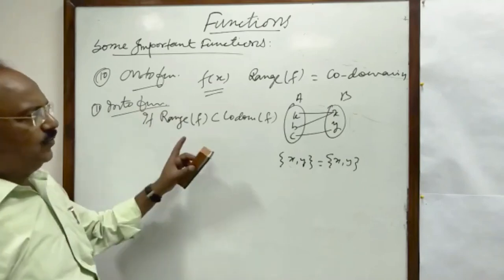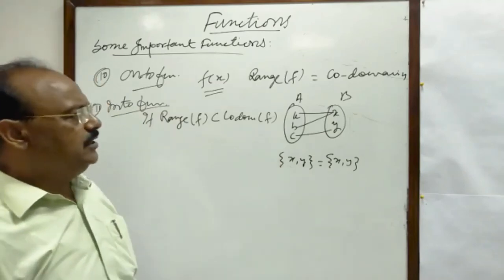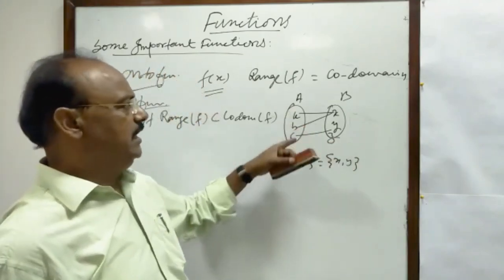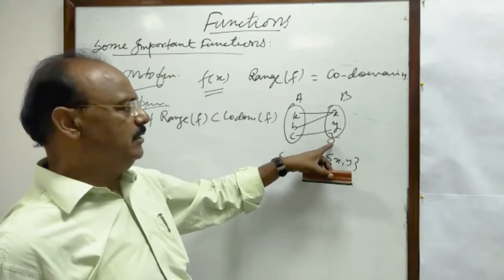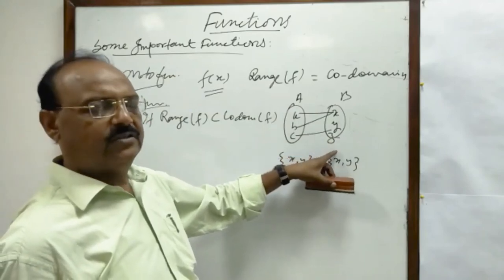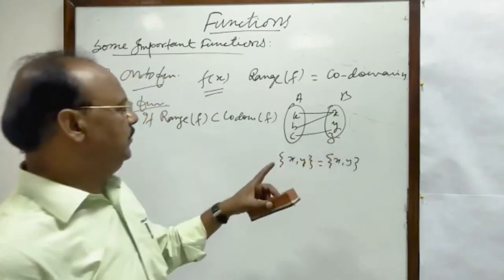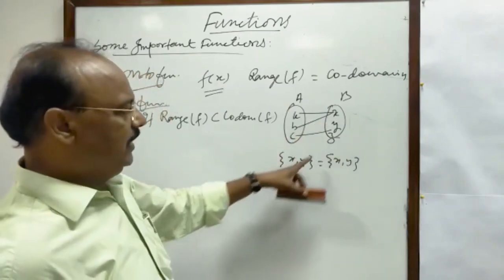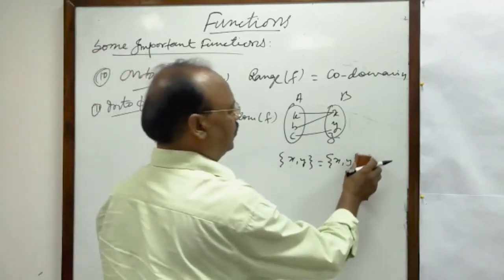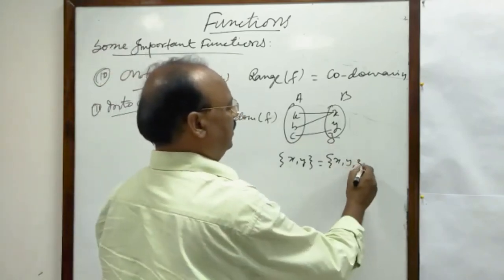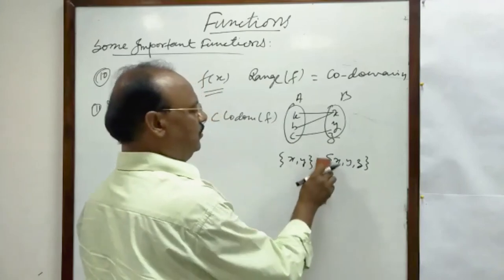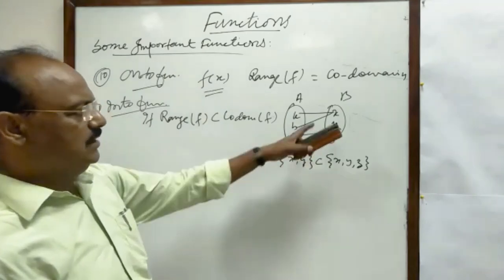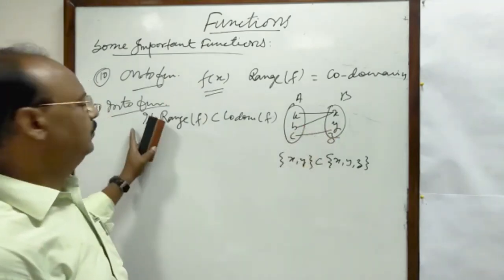In this case, there must be at least one extra element here, suppose z is here, which is not the image of any element of set A. That's why here the range is having elements x, y and the codomain is having elements x, y, z. So this will not be equal, simply this will be a subset. So in this case, this function is an example of an into function.